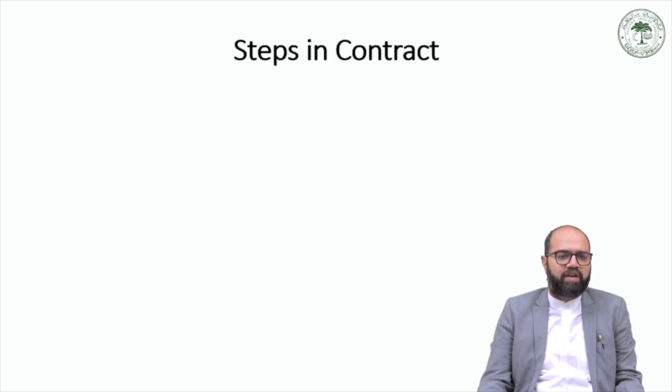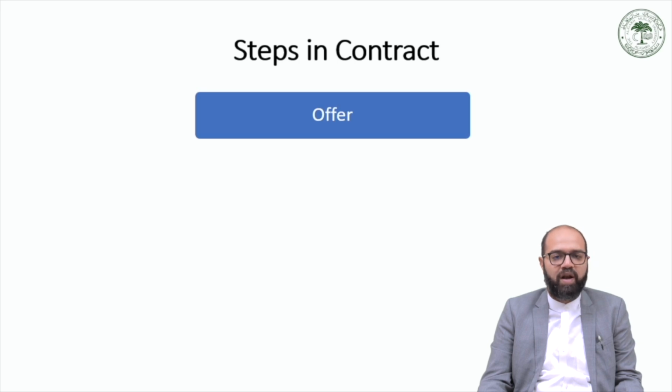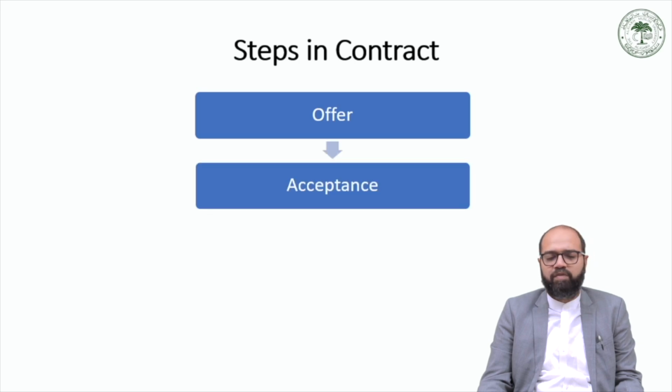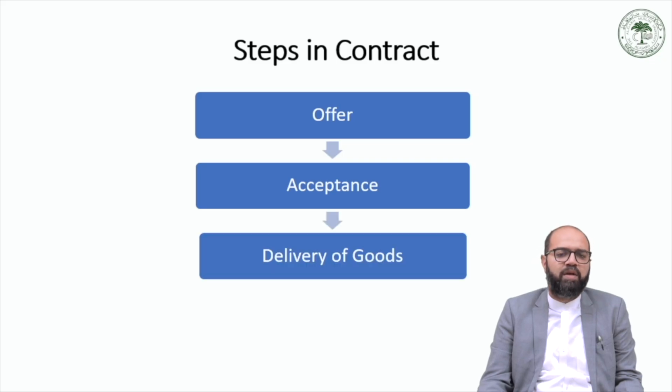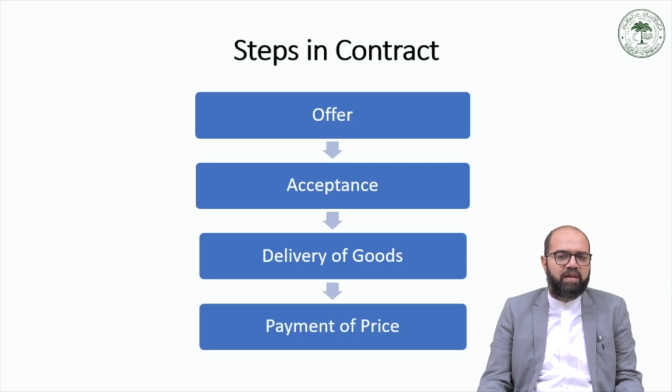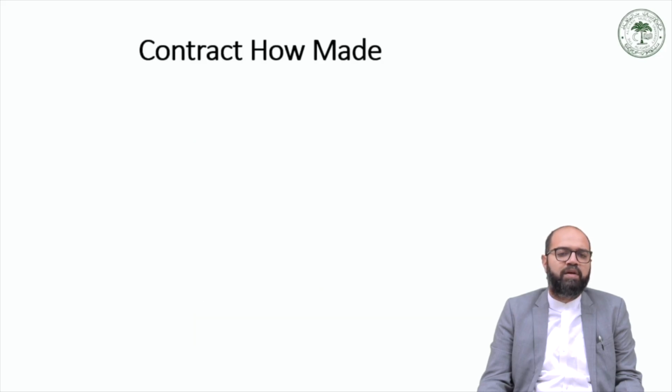So based on this section 5, we can break down various steps of a contract. There is an offer from any of the parties accompanied by an acceptance from the other party, followed by the delivery of goods by the seller, followed by the payment of price by the buyer. So the first part of section 5 delineates these steps in a contract.